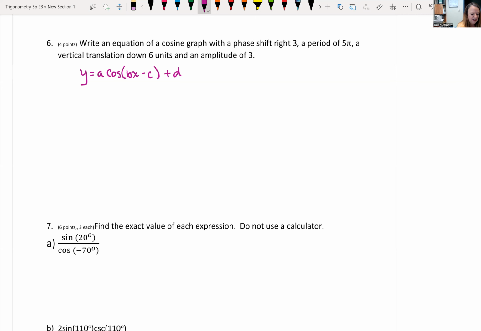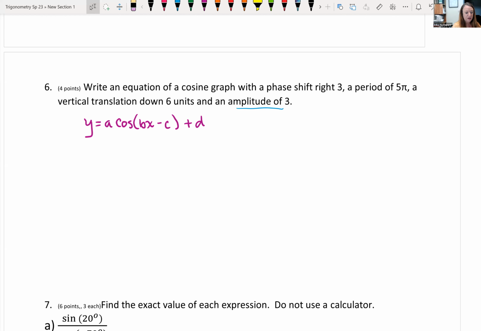We're given in here that the amplitude was 3, and so we know that our a value in here is 3. So we can rewrite this as y is equal to 3 cosine of bx minus c.